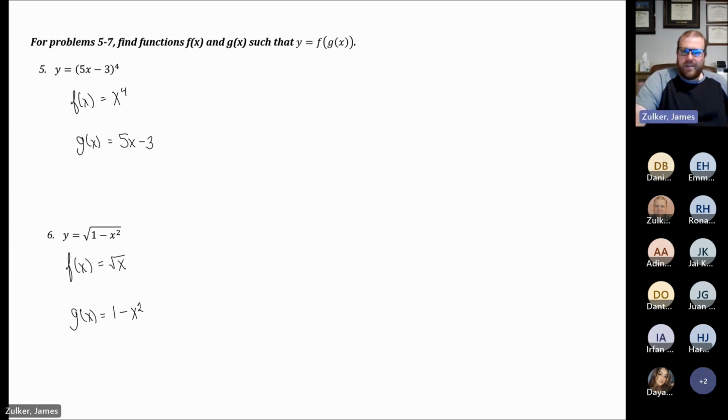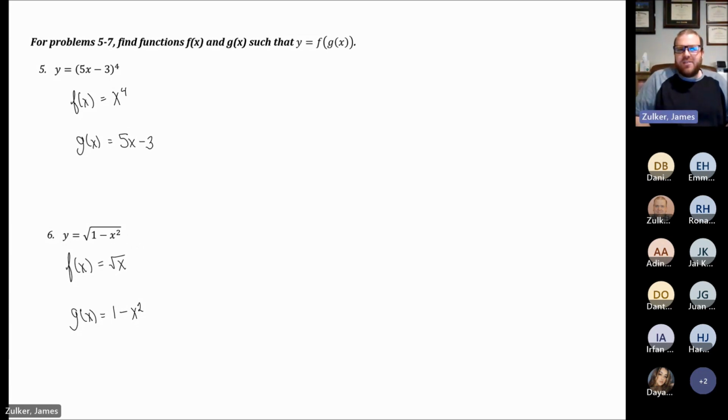Let's do this time to catch up. Right, here's how I do it. I want to write it as f of g of x. G of x is an inner function. So I just look at this here and I go, what is my inner function?